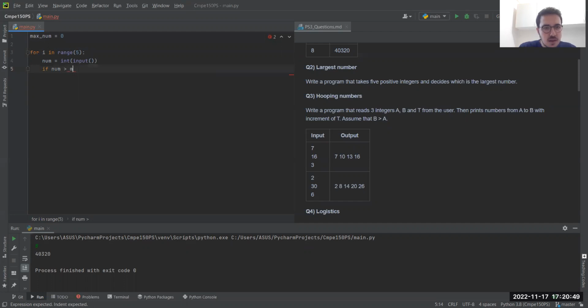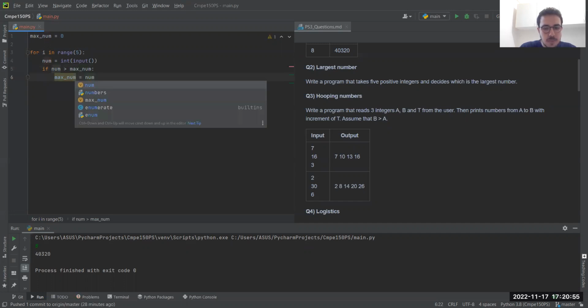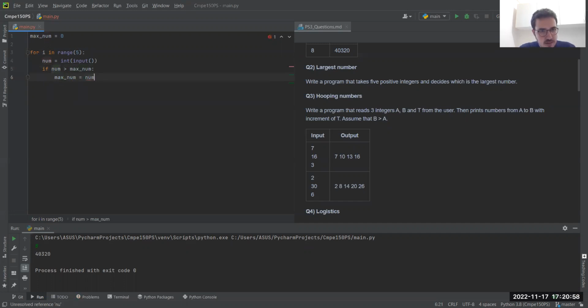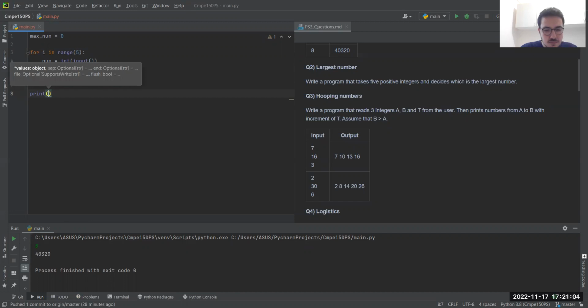If this is larger than max num, then max num should be defined as num, and at the end I should take the value of this number, max num.